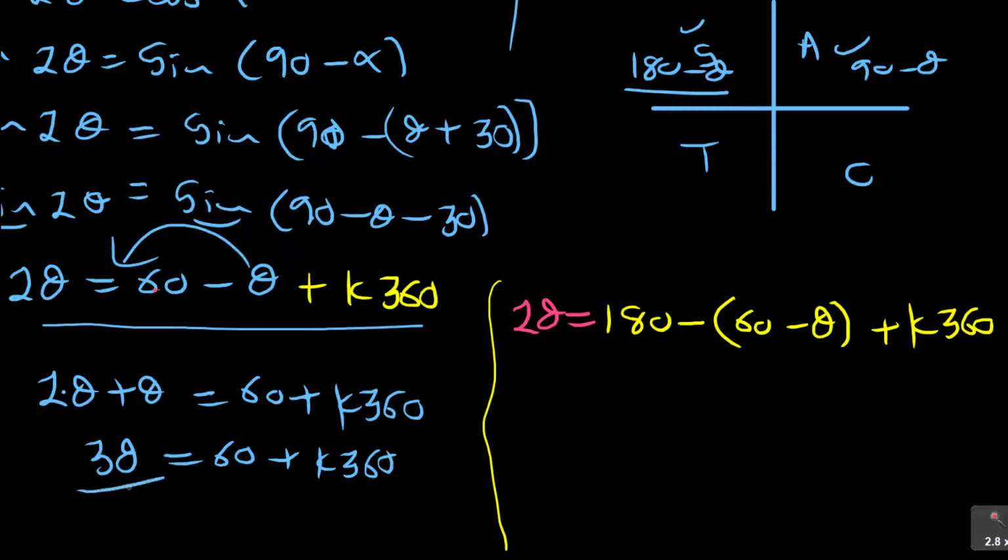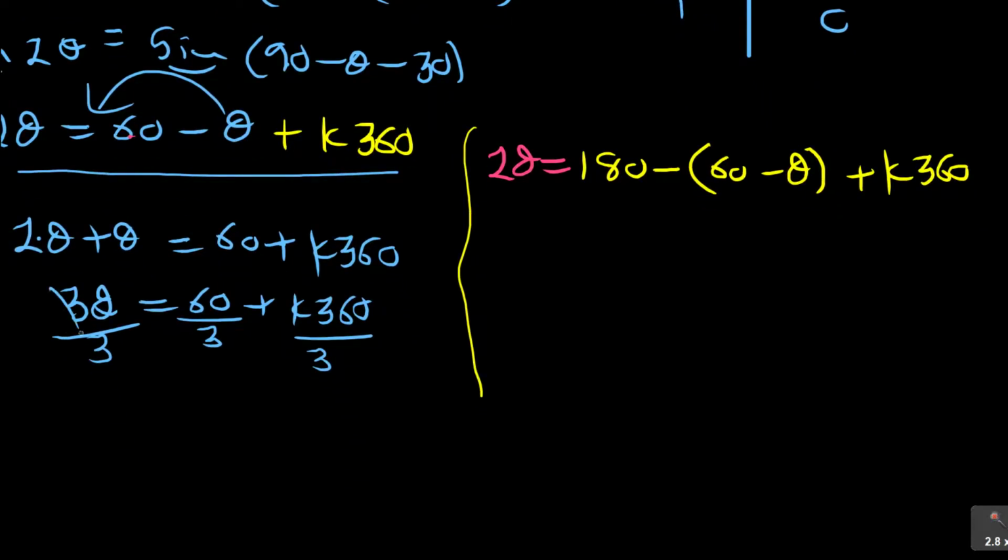Then you divide by what? By 3, because this is 3 theta. You divide each one by 3, don't forget that. Then theta there is equal to 60 divided by 3, it's 20, plus k 360 divided by 3 is 120.